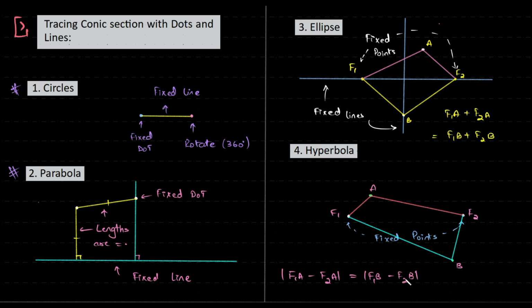The magnitude has to be equal, nothing to do with the signs. So that is your condition for the hyperbola. It's very important for us because using this we're going to derive the algebraic equations, which is the end product. So for that we need to know this condition. Please pause and write all of this.